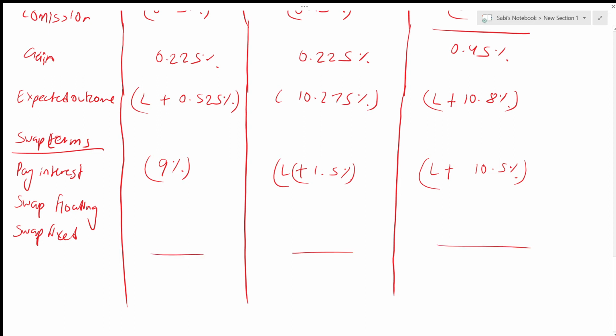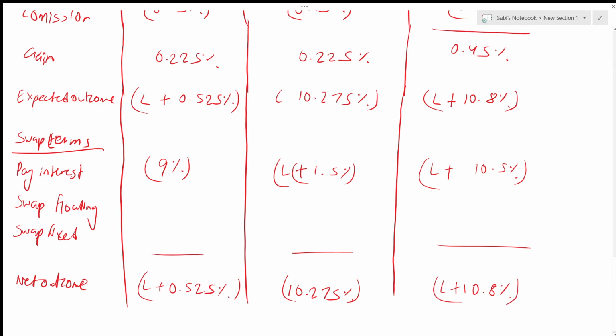So first floating is L only, and here net outcome will be the same as, yeah, your net pay, you can say. It is the same as your net outcome only, right?